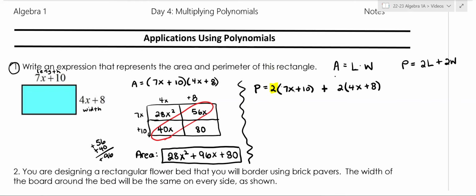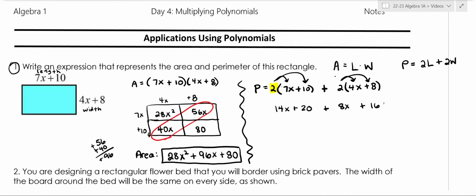So that's going to be 14x plus 20: 2 times 7x is 14x, 2 times 10 is 20. And over here, it's a plus sign, so it's not going to change the signs. 2 times 4x gives us 8x, and 2 times 8 gives us 16.